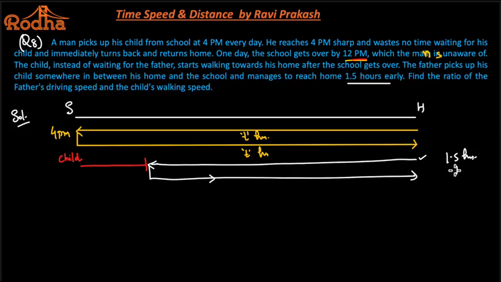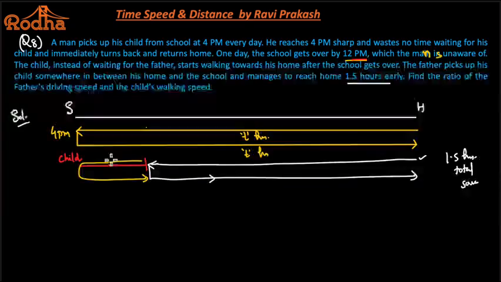So if he saved 1.5 hours in total, that means he saved 45 minutes to and fro. That means if the person had gone from here to here and then come back, to cover this distance he would have taken 1.5 hours more.